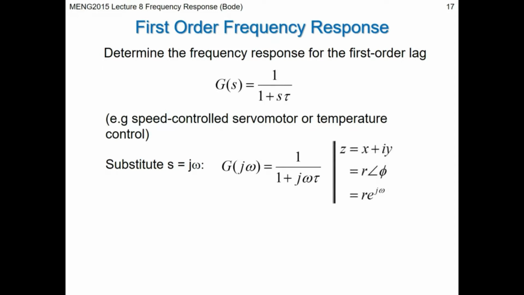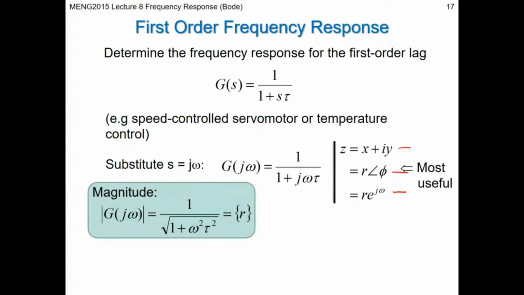If we're expressing a complex number, we can express it in different ways: in terms of x and y, in polar form, or as an exponential term. But in this case, we're going to use our polar form. So we're going to get a magnitude and a phase for this particular complex number.